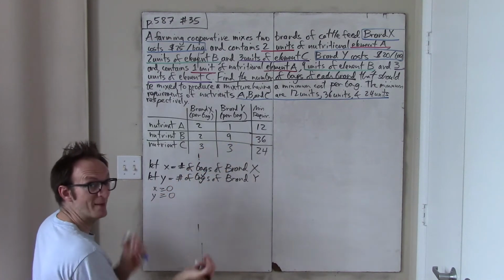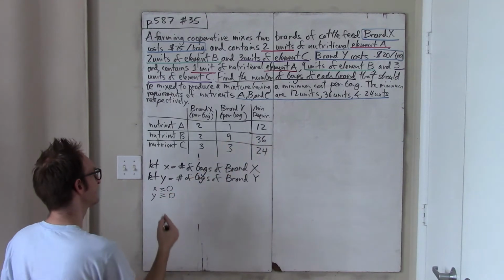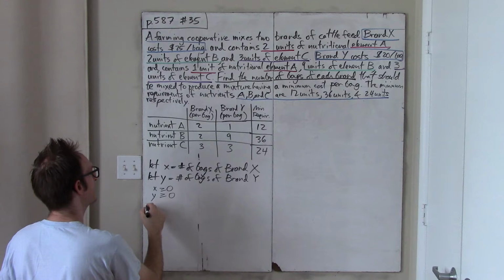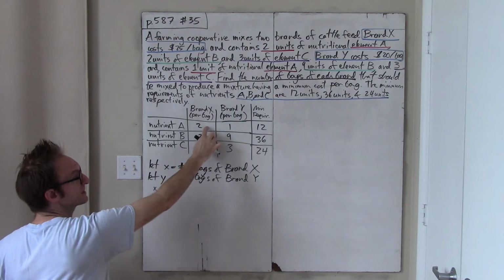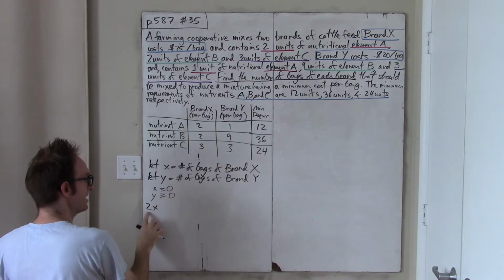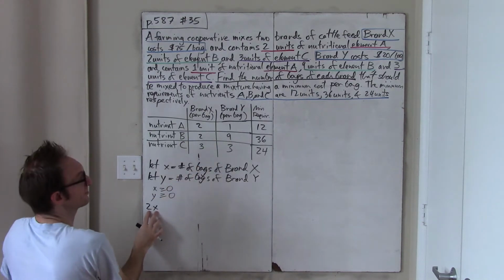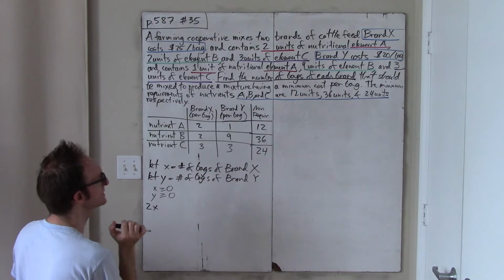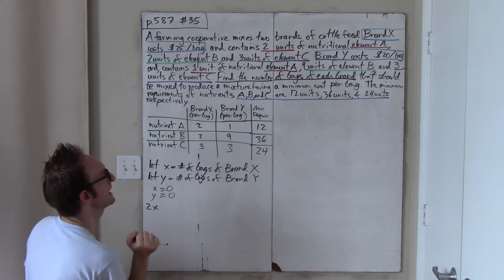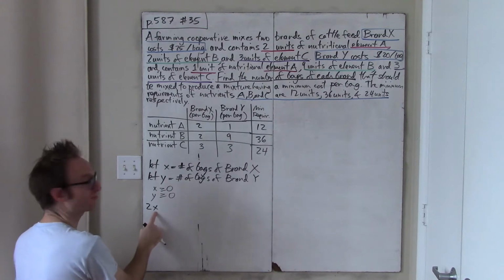So I need some combination of X's and Y's such that they add up to 12. If every bag of X contains 2 units of nutrient A, then 2 times the number of bags of brand X represents the number of units of nutrient A that I get by using this many bags of brand X.